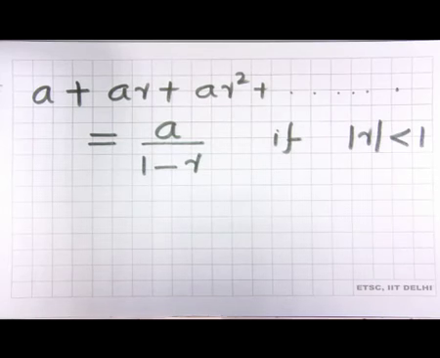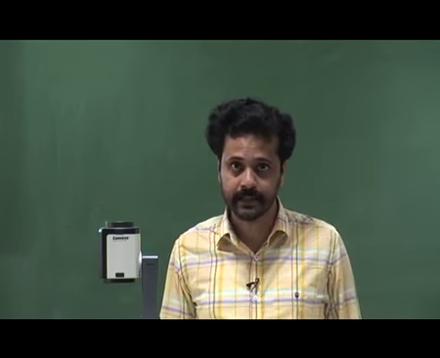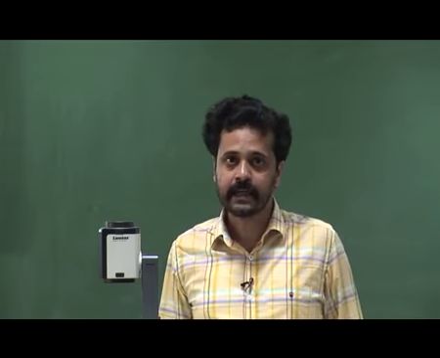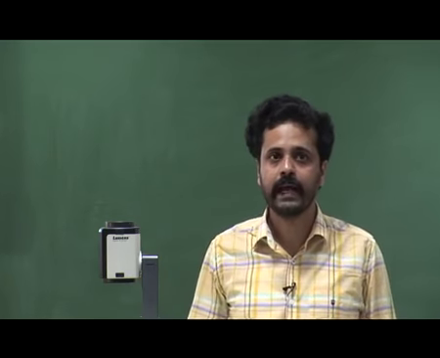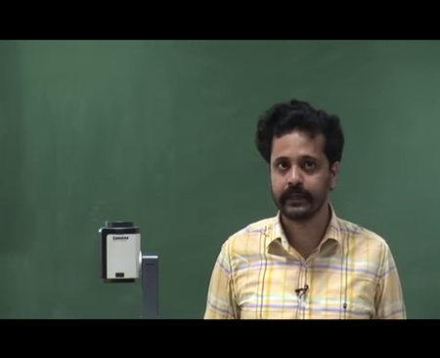If the common ratio has absolute value lying between 0 and 1, then the corresponding geometric series is convergent, that is summable, and its sum receives the formula a by 1 minus r. In the other cases, that is mod r greater than or equal to 1, the series a plus ar plus ar square plus etc. is not convergent. We cannot talk about its sum.